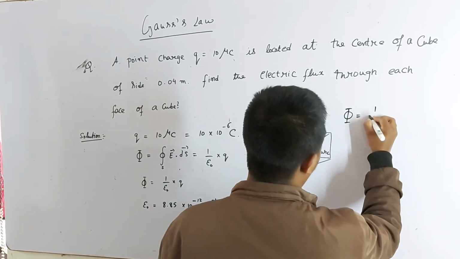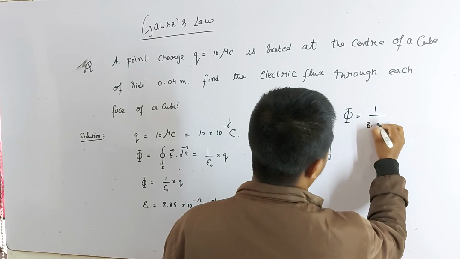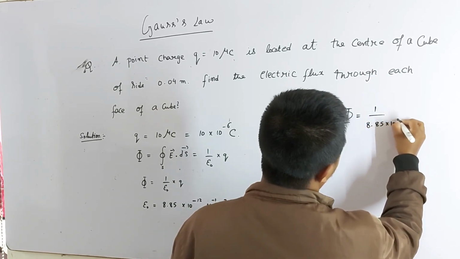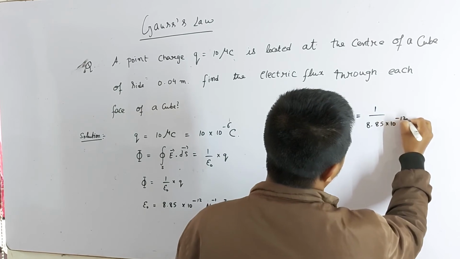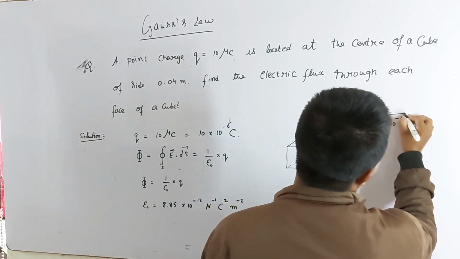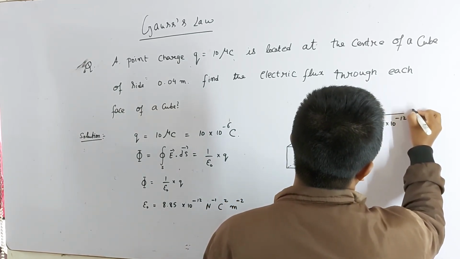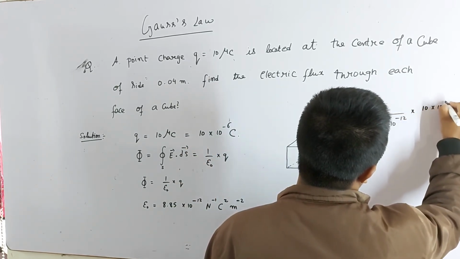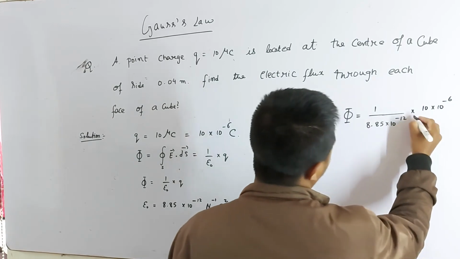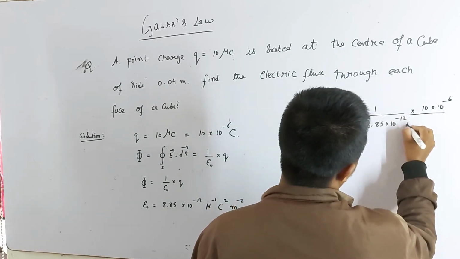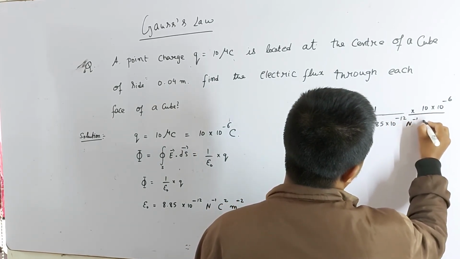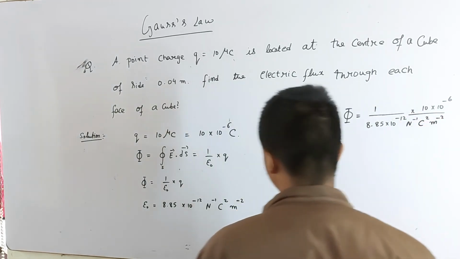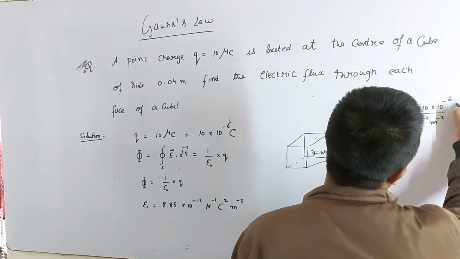It is 1 by 8.85 into 10 to the power minus 12, multiplied by q, which is 10 into 10 to the power minus 6. If you put the units here, the unit is Newton inverse, Coulomb square, meter minus 2, and then the charge is in Coulomb.